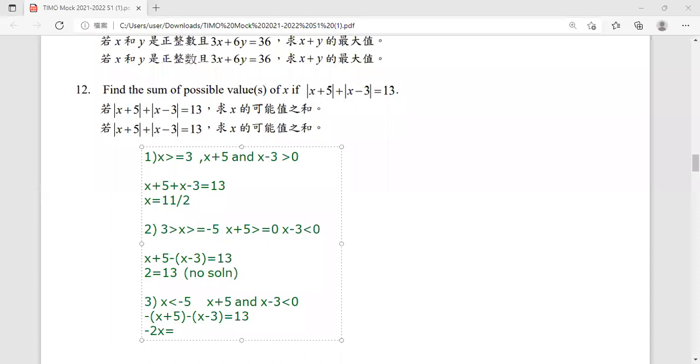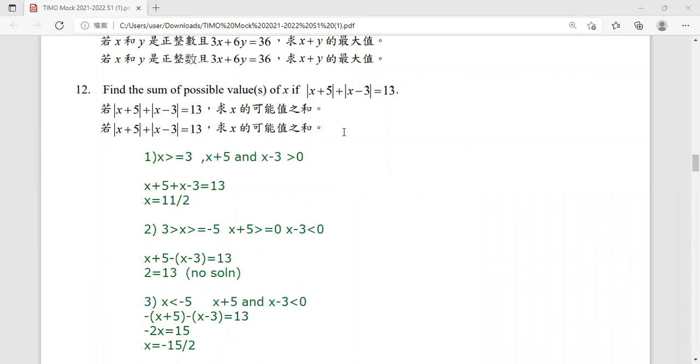Maybe I do it slower. Then 15. X equal to negative 15 over 2.